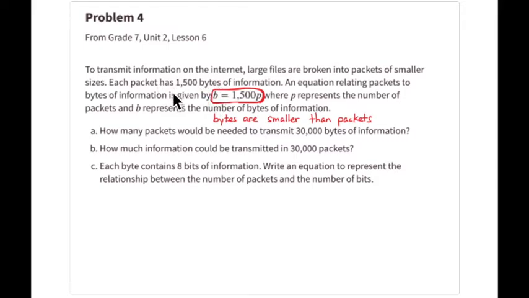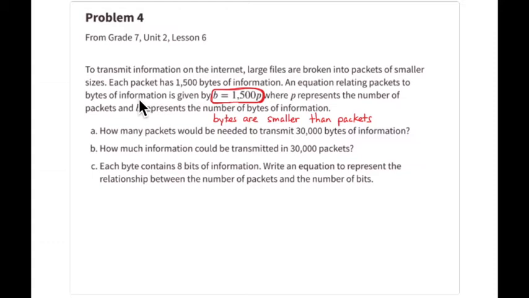And it turns out that a packet, what you have to realize in looking at these problems, is what is the larger unit and what is the smaller unit. And this relationship tells you right here, each packet has 1,500 bytes of information. So a byte is much, much smaller than a packet. So if I'm going to measure an amount of information as one packet, that one packet is going to equal 1,500 bytes.